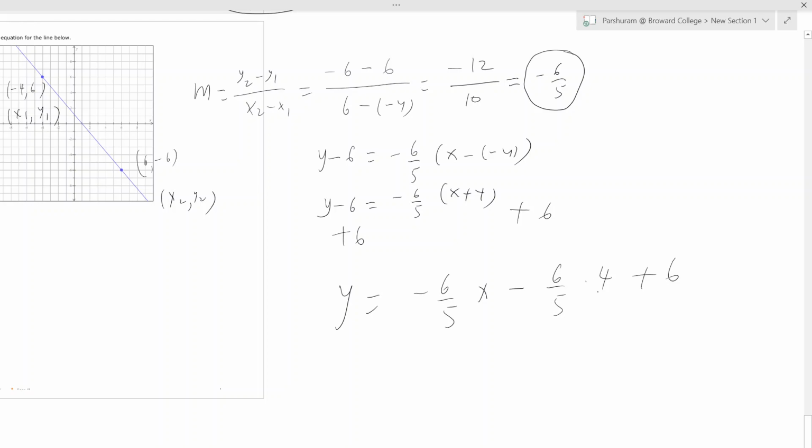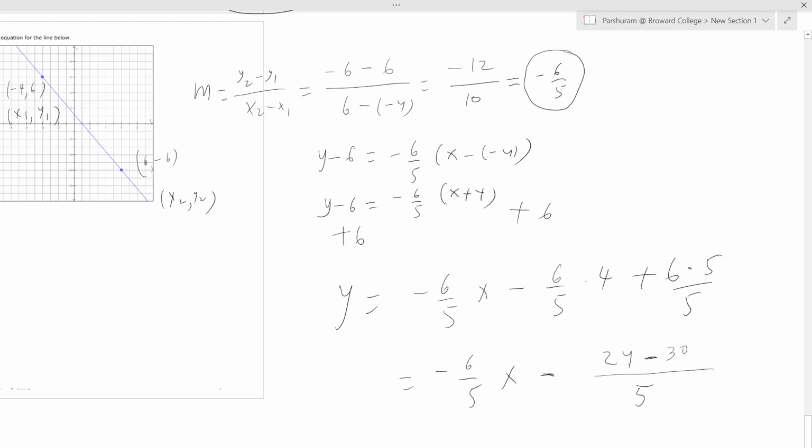We can combine these two. So that is negative 6 over 5 x. I can multiply top and bottom by 5 to make the same denominator. By doing that, there is a negative sign here, so I can write on the top: 6 times 4 is 24, and because I factor out the negative, I change the sign of 6 times 5, which is 30, to negative.